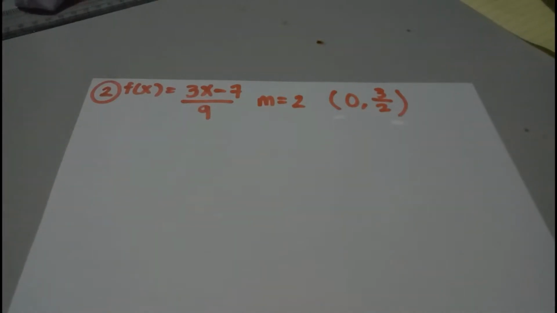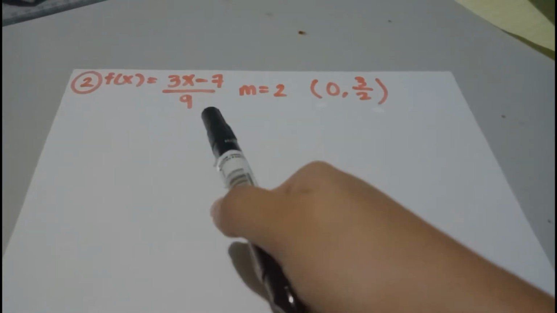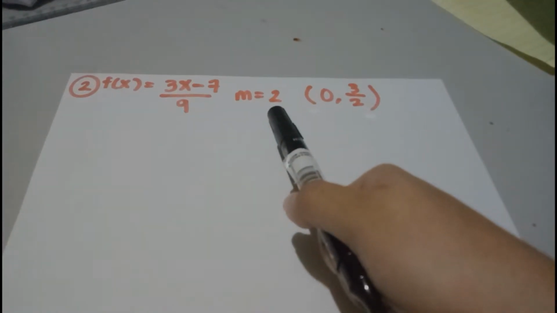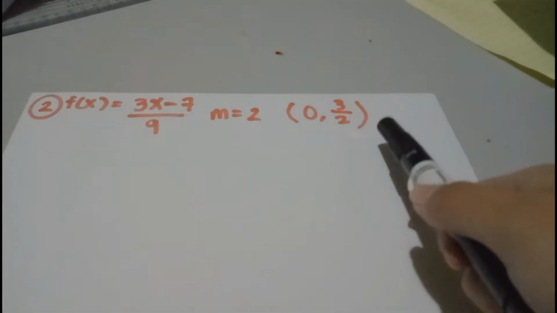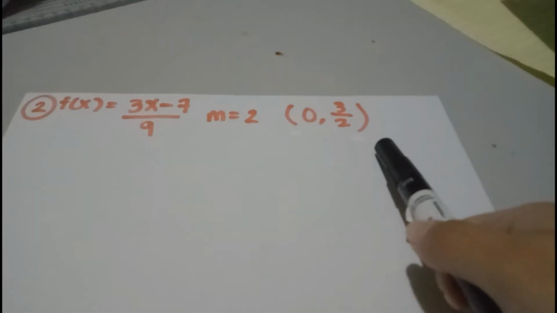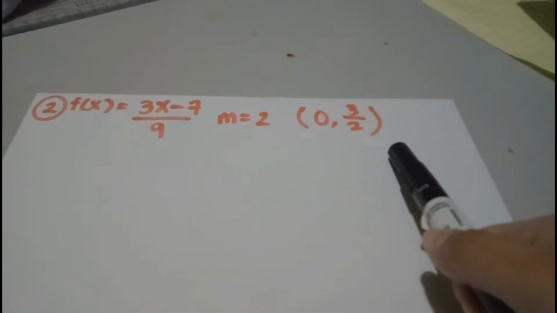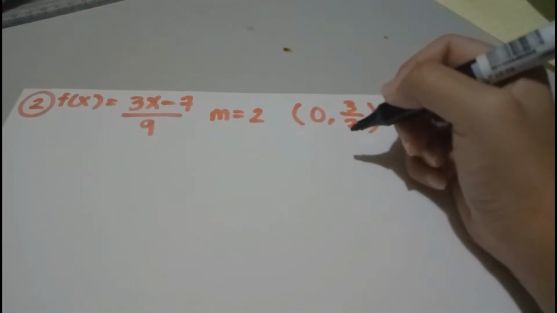For our second example, f of x is equal to 3x minus 7 over 9, where m is 2 and the interval is 0 to 3 halves. Seeing here, we cannot determine the intermediate value of this problem since, according to the theorem, a function should be continuous over a closed interval.